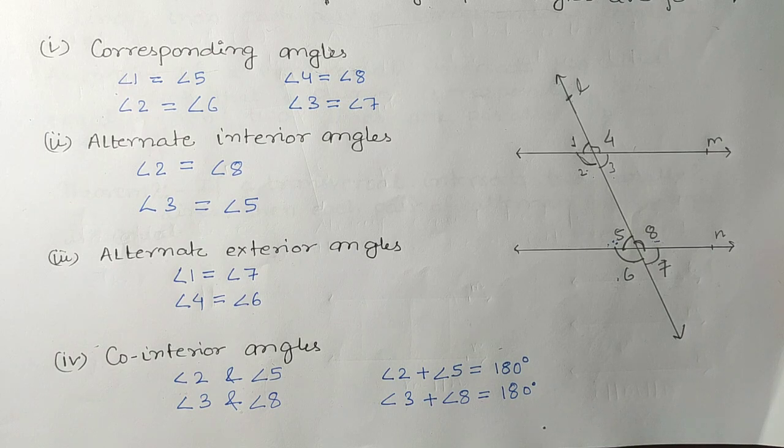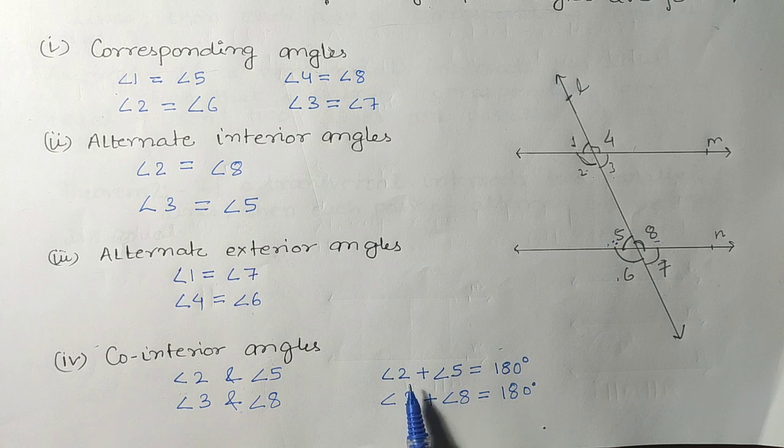So we can say that co-interior angles are supplementary angles. The sum of these two angles is 180 degrees, and we have seen in the definition of supplementary angles that two angles whose sum is 180 degrees are known as supplementary angles.